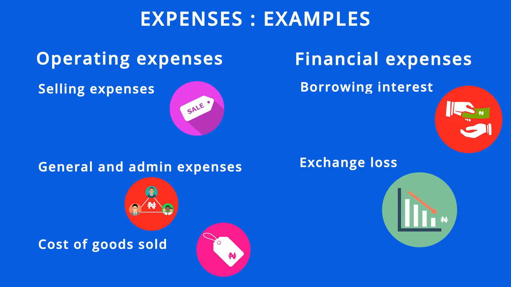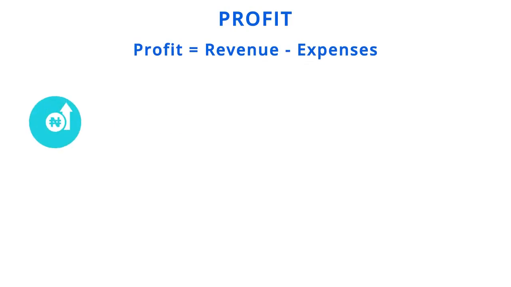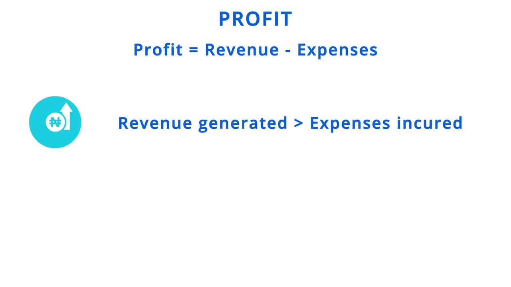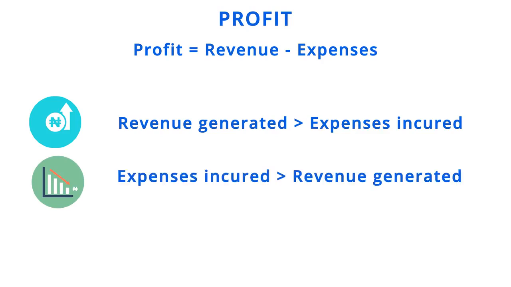Let's now look at the last component of the income statement, which we refer to as profit. Profit is derived from the difference between revenue and expenses. You have a profit when the revenue generated is more than the expenses incurred, while you have a loss when the expenses incurred is more than the revenue generated.